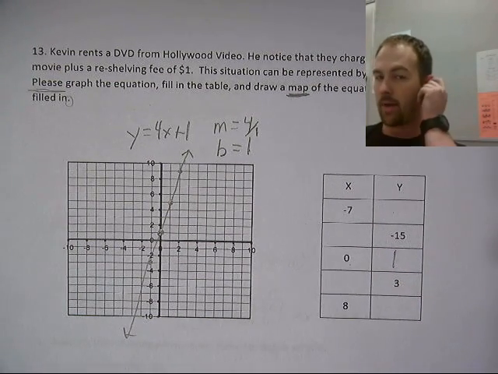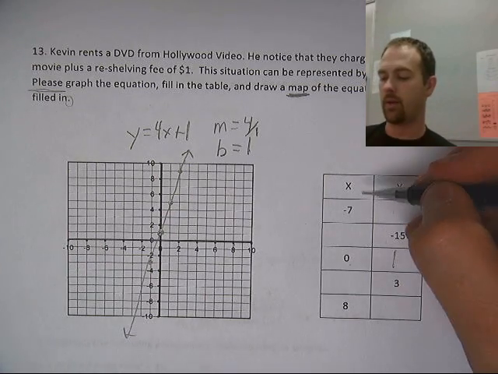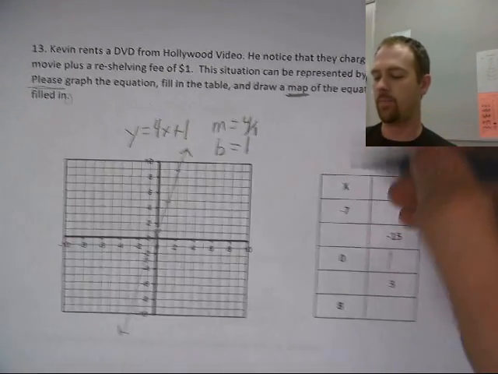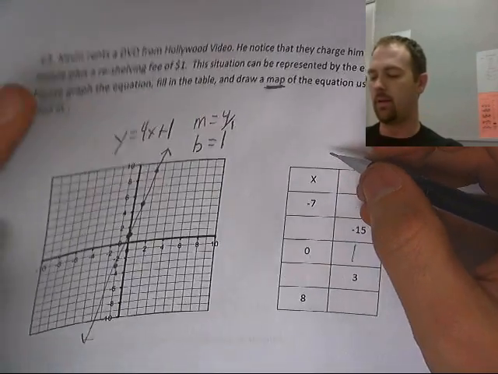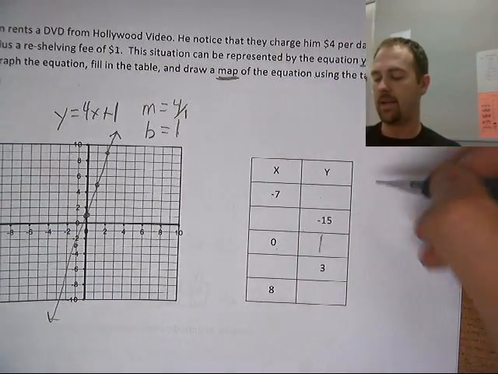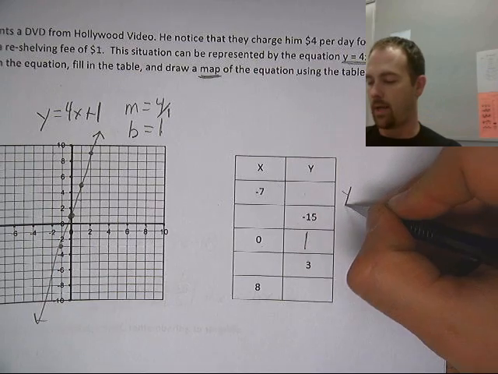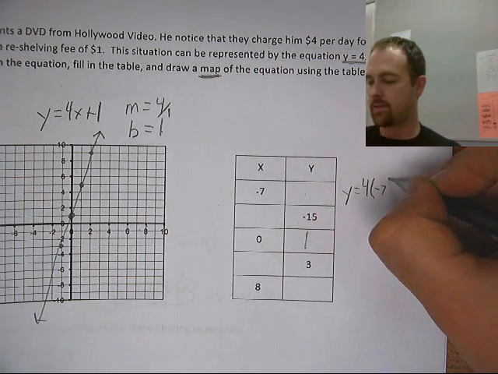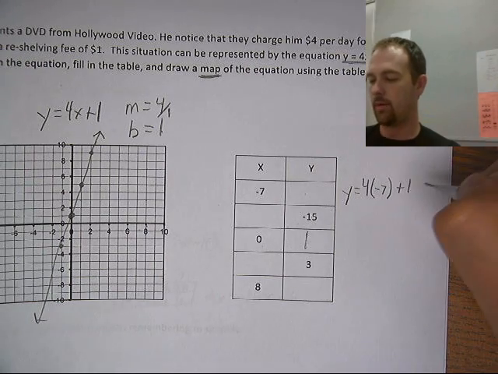So what I'm going to have to do is a little bit of solving to figure out what my x and y values are. Let's go ahead and plug in negative 7 into x. It's y equals 4 times negative 7 plus 1.